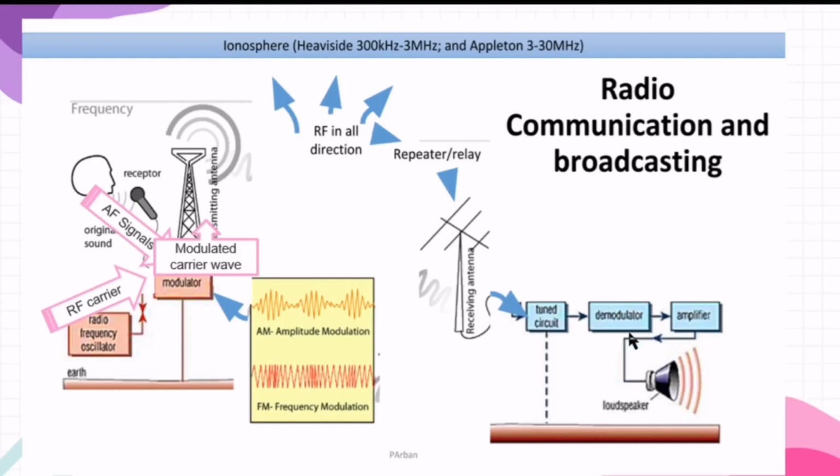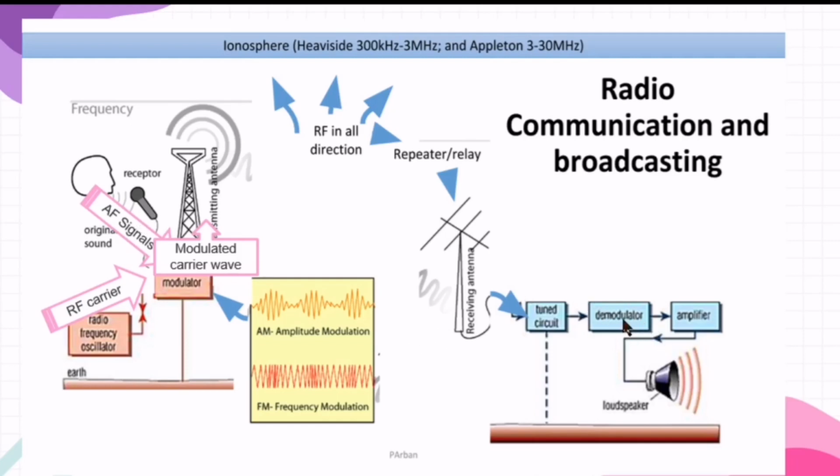Now, the demodulator will extract the AF signal. The modulated carrier wave is a combination of the AF signal and the RF carrier, so the demodulator extracts the AF signal, because that is the electrical signal that carries the sound wave produced by the speaker earlier.